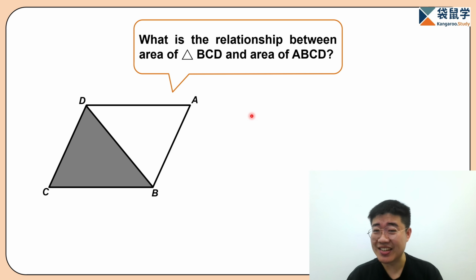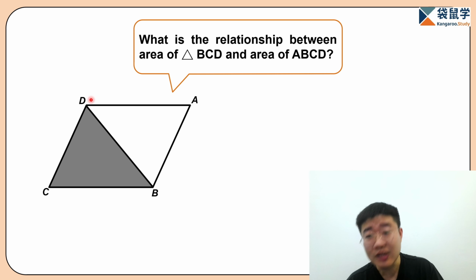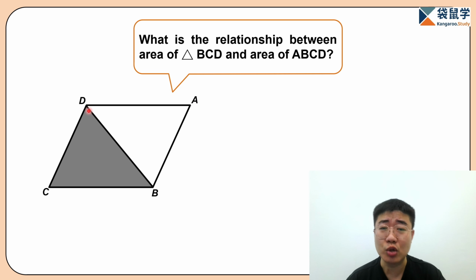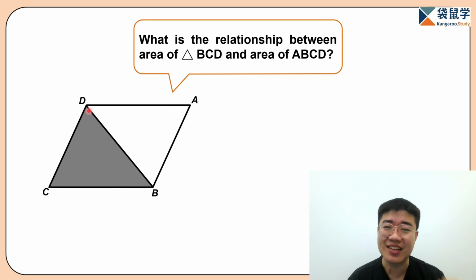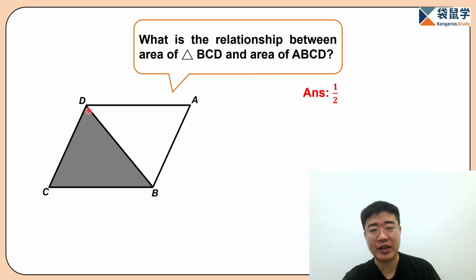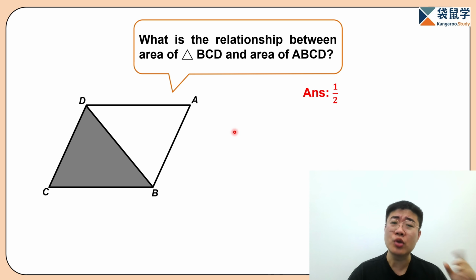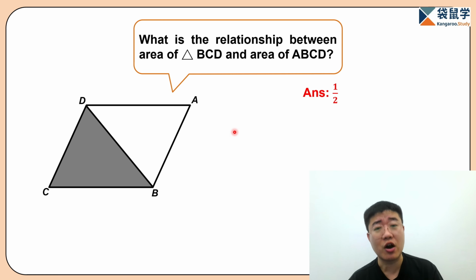Right, we can see this is a very easy question because the shaded triangle BCD and the unshaded triangle ABD, these two are identical to each other. So the shaded and unshaded are equal to each other. Of course, if we compare the shaded to the whole figure, we can see this is just half of the figure here.